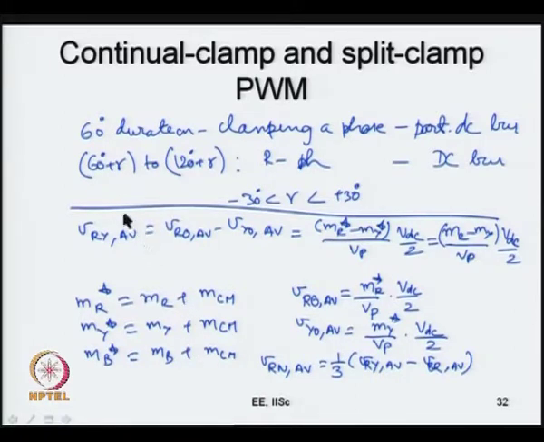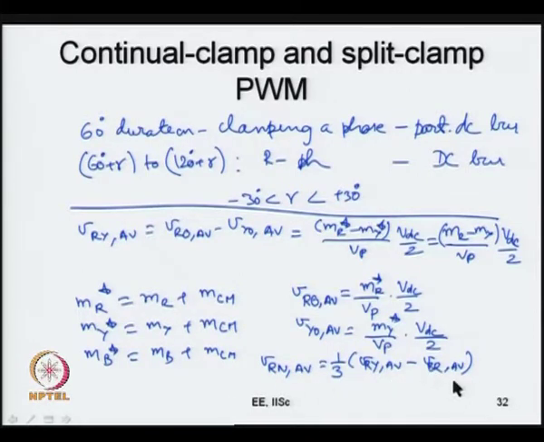So, the average line to line voltage does not have any common mode component. If you consider the load to be a 3 phase star connected load RYB with a load neutral N, and the load neutral N is not connected anywhere and the load is balanced, then you can write this VRN average in terms of VRY average and VBR average, because VRN is actually 1/3 of VRY minus VBR. So, VRN average is 1/3 of VRY average minus VBR average.